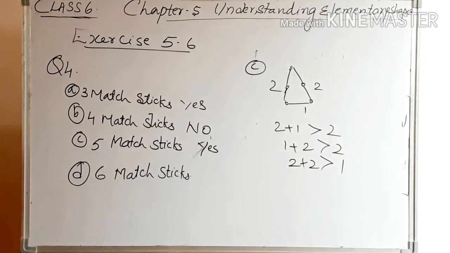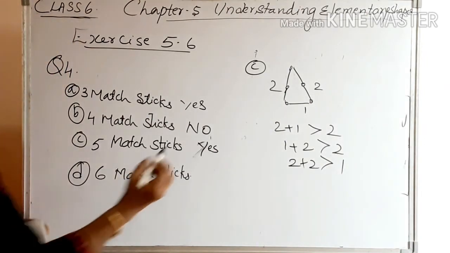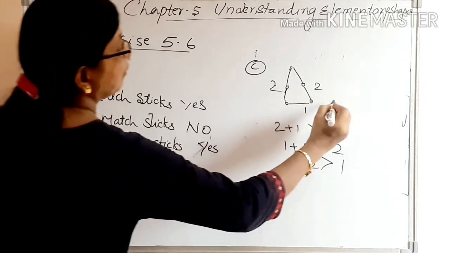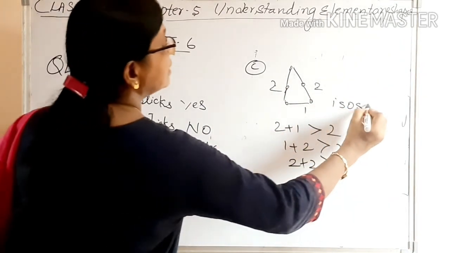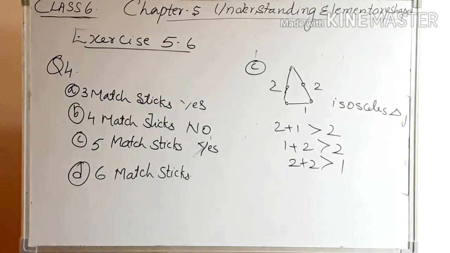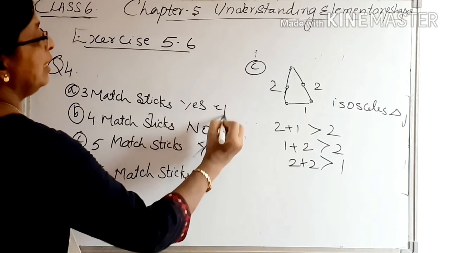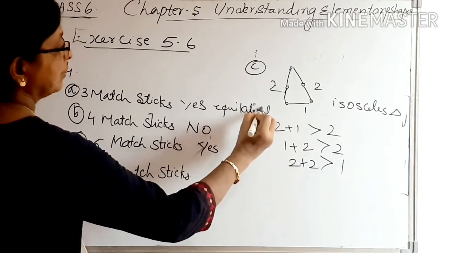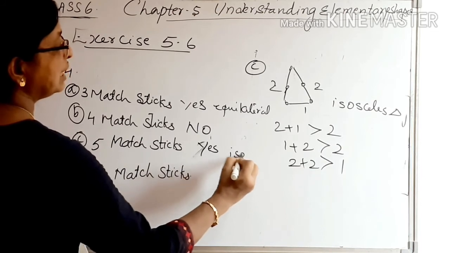Therefore, this is possible. In this type of triangle, two sides are equal, therefore isosceles triangle. Which kind of triangle is this? Isosceles. This is equilateral. This is isosceles.